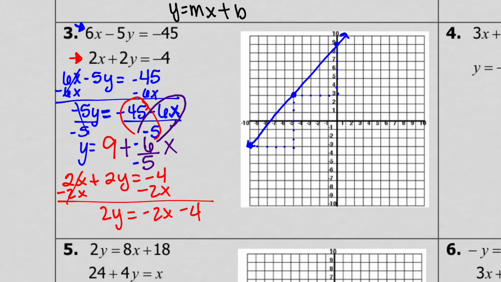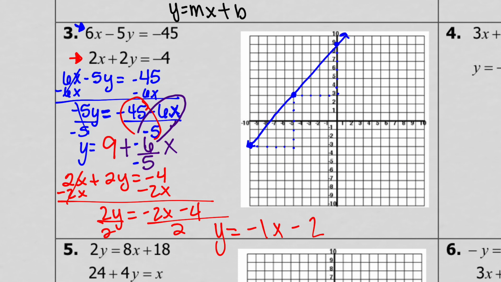What's attached to my y? A 2. How do I get rid of it? Divide. So y equals negative 2 over 2 is negative 1 x. Negative 4 divided by 2 is negative 2.